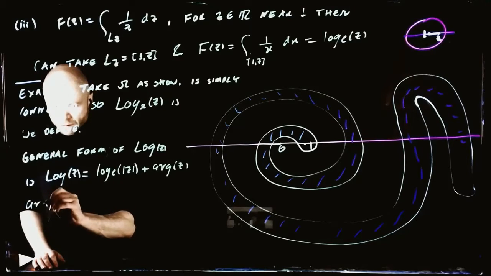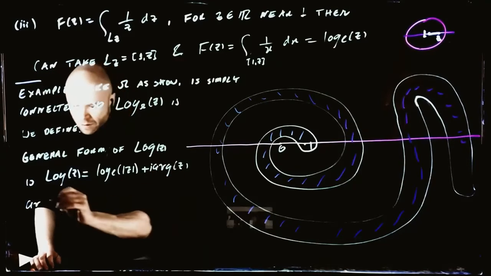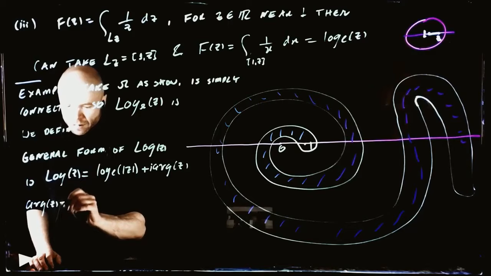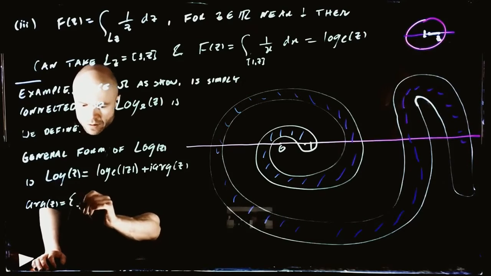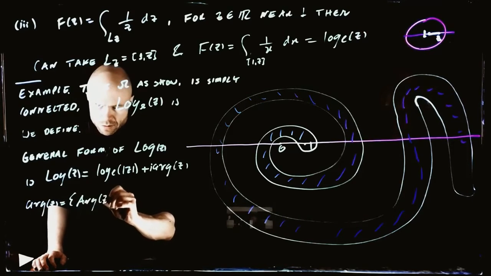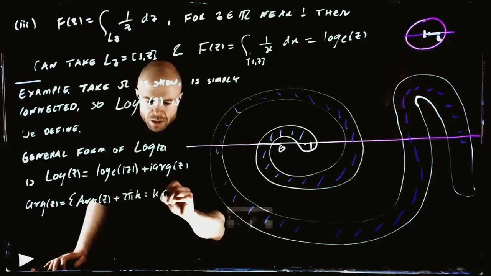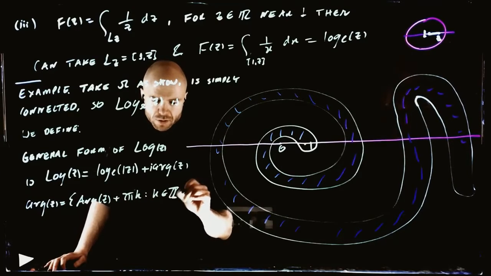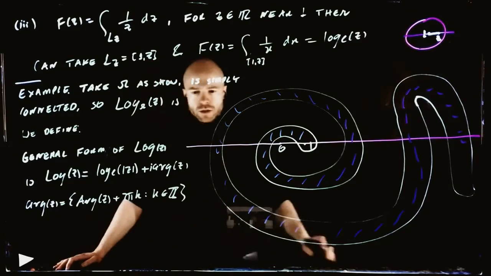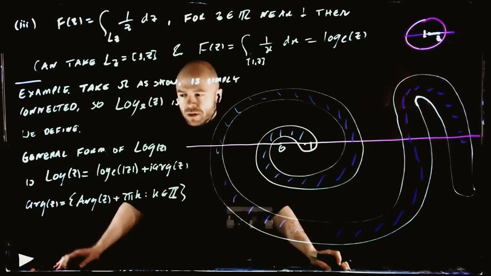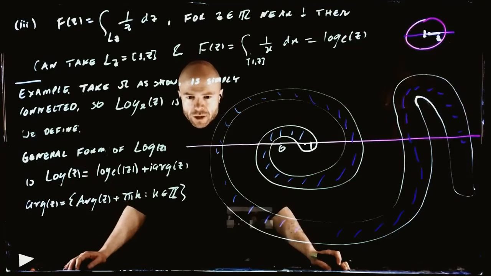Arg of z is equal to the principal argument plus 2 pi k for any k belonging to this set, right? This is what we figured out when we discussed what complex log has to be.